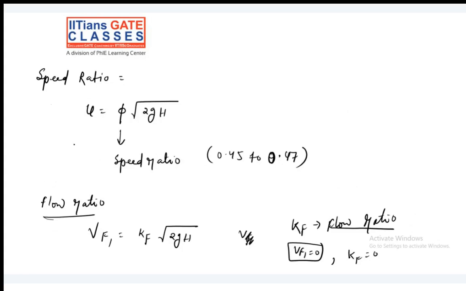Okay. Next thing is jet ratio. This is equal to the ratio of pitch diameter of the Pelton wheel to the diameter of the jet. Means jet ratio m is equal to capital D upon small d.